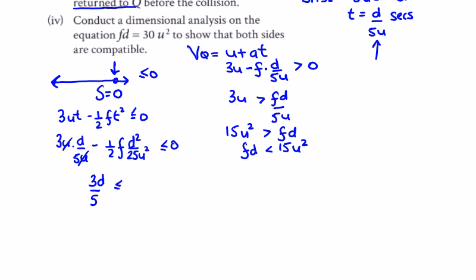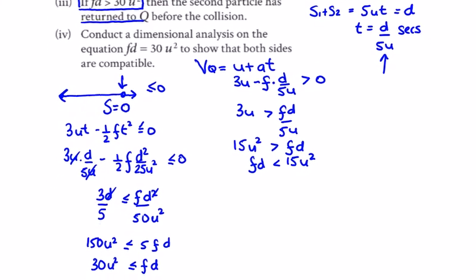less than or equal to FD squared over 50u squared. So we divide by D and multiply by 50u squared, we'll get 150u squared less than or equal to 5FD, and dividing by 5 we get 30u squared will be less than or equal to FD.